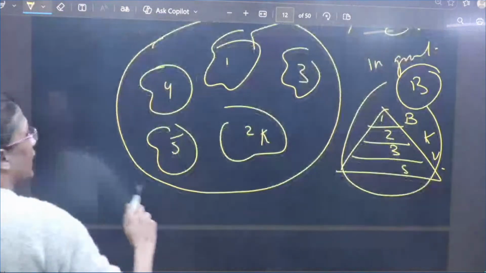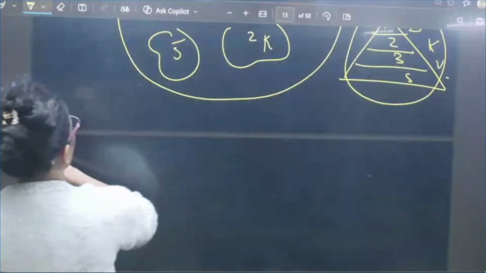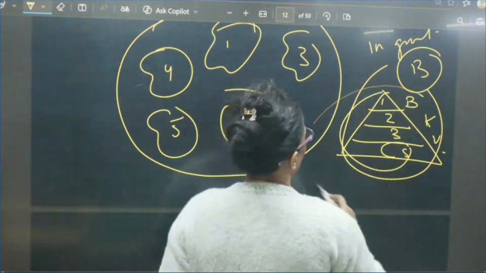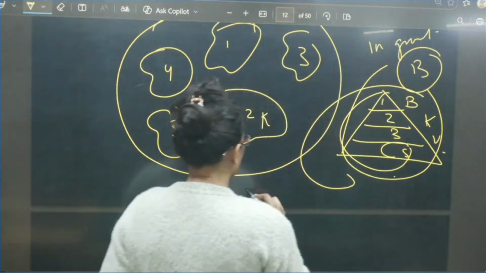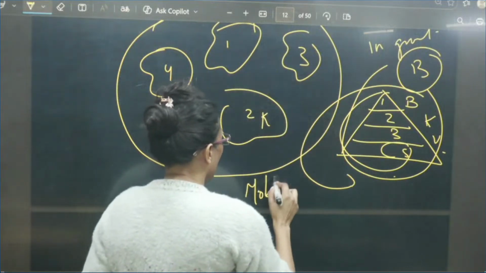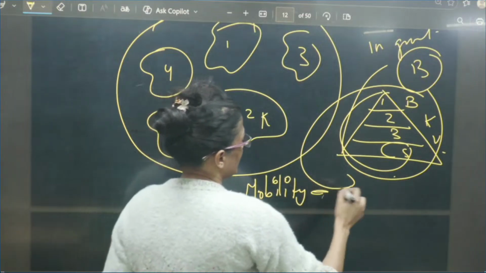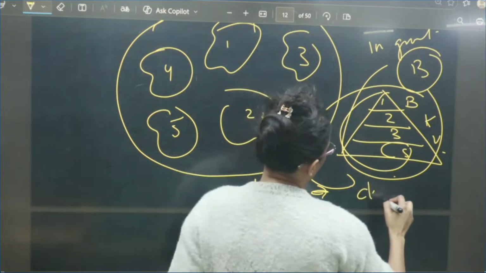Okay. अब ये जो कास्ट सिस्टम मैंने बनाया, Shudras cannot become Brahmin, Brahmin cannot become Shudra because there cannot be any mobility. पोजीशन नहीं चेंज कर सकते हैं, तो ये क्लोज्ड सोसाइटी हो गई.